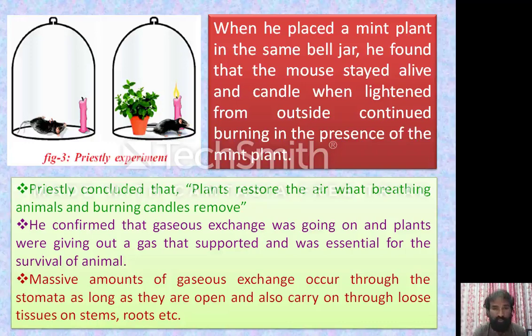That is why plants are involved in photosynthesis, releasing oxygen and consuming carbon dioxide, which comes from various sources like animals breathing and the burning of any material.